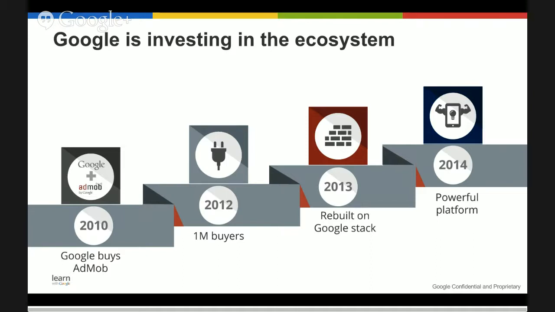So right now, AdMob is a powerful platform. It's not anymore a network as it was back in 2010. And let's see what happened in the last years. In 2012, we had 1 million buyers, and in 2013, we decided to rebuild on the Google stack and try to connect all the Google advertisers, the AdWords advertisers mainly, to the AdMob developers.